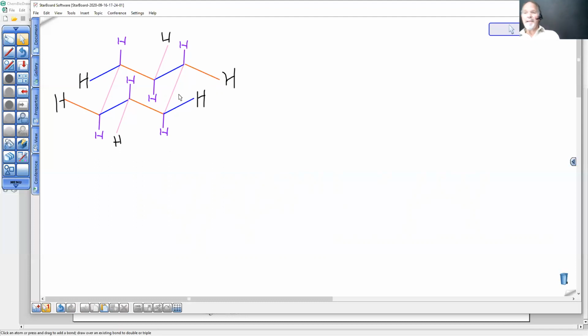That's perfectly staggered. And every pair of H's in this molecule is perfectly staggered. Not partially eclipsed. No, not fully eclipsed. No, perfectly staggered.